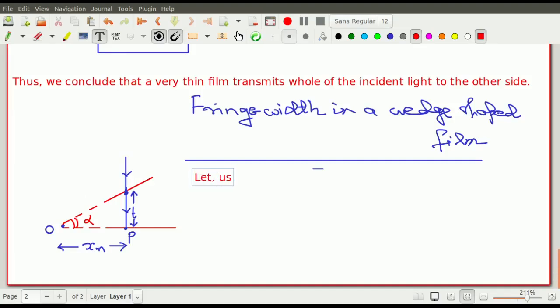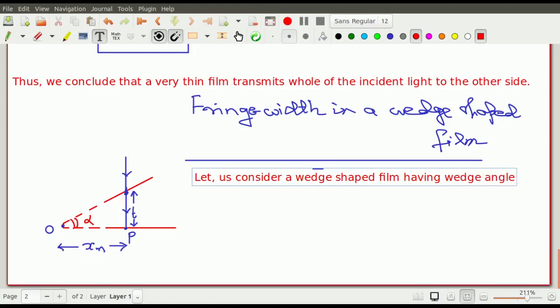Let us consider a wedge shaped film having wedge angle alpha and refractive index equals to mu.